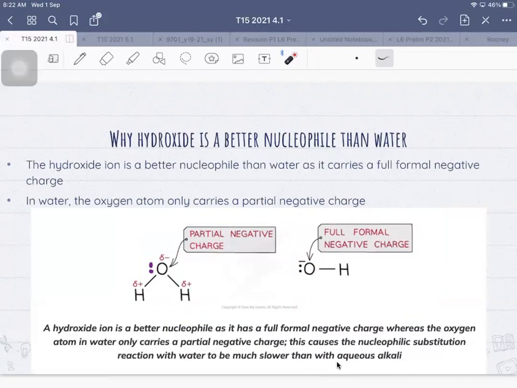Because of the difference in charges, the rate of nucleophilic substitution also differs. It's faster when you use hydroxide as your ion compared to using water as your nucleophile. Once you're done copying this down, please let me know.